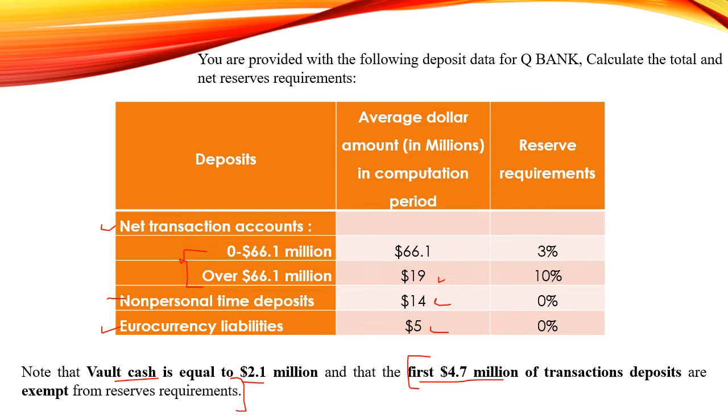All we have to do is to multiply the average dollar amount times the reserve requirements. However, since the first $4.7 million of transaction accounts are exempt from reserve requirements, we have to divide this first tranche into two parts, and let's see that in the next slide.